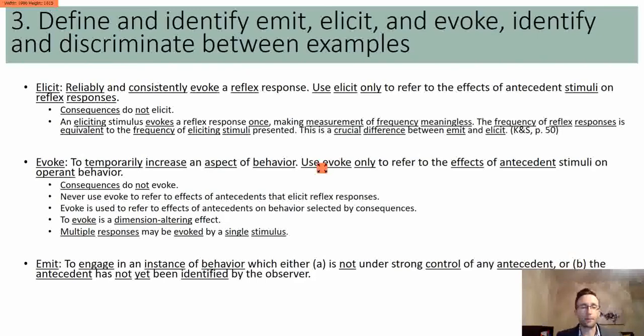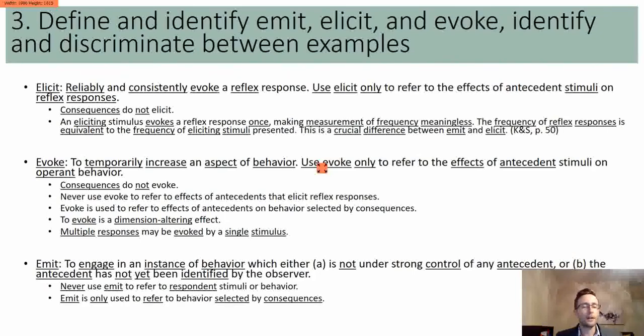It has to be operant behavior only. When a behavior is emitted, it's operant behavior, and it occurs under the control of a variety of antecedent stimuli, or the antecedent has not been identified by the observer. Never use emit to refer to respondent stimuli or behavior. And emit is only used to refer to behavior that's selected by consequences.